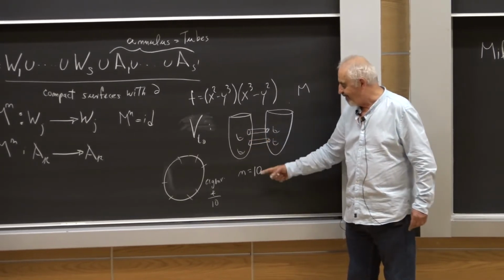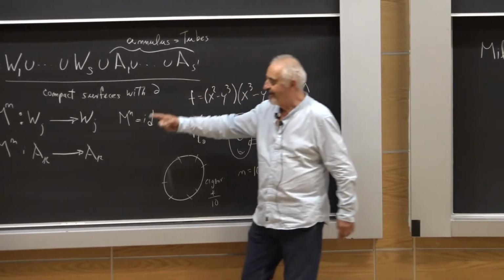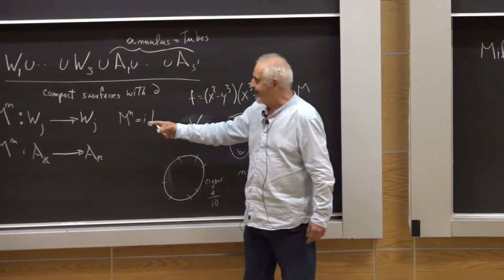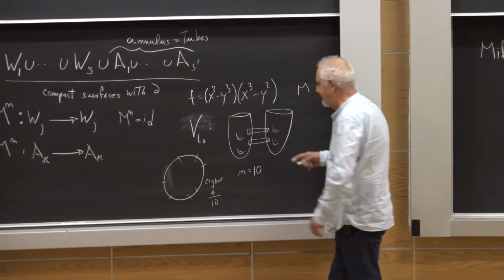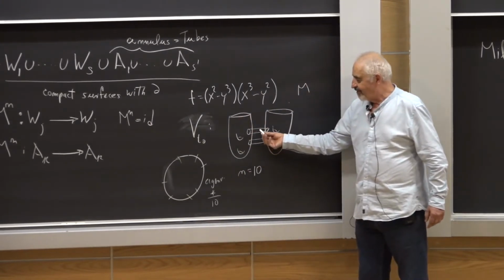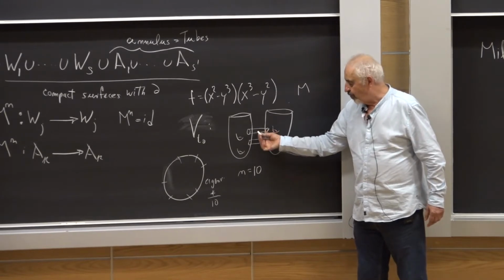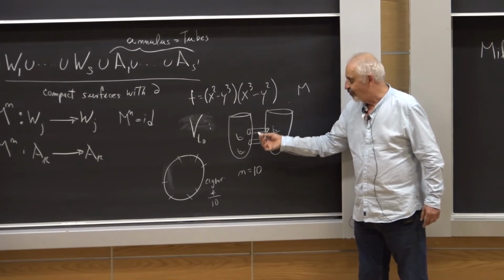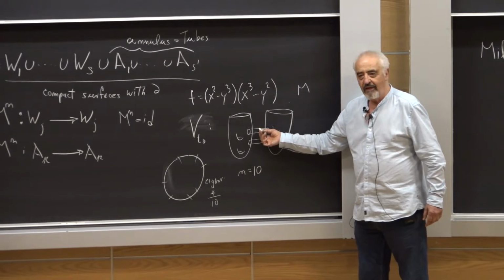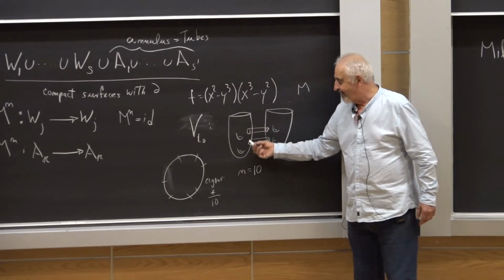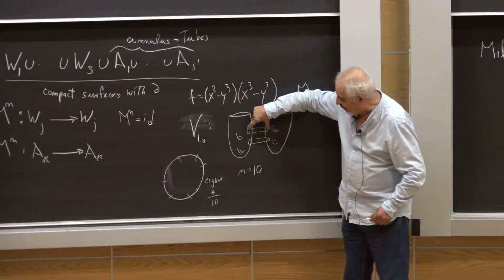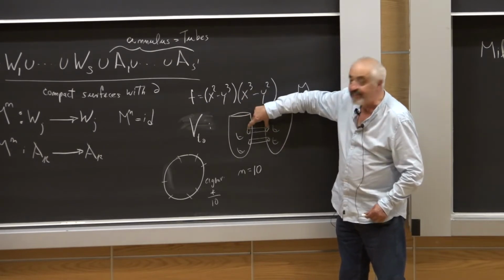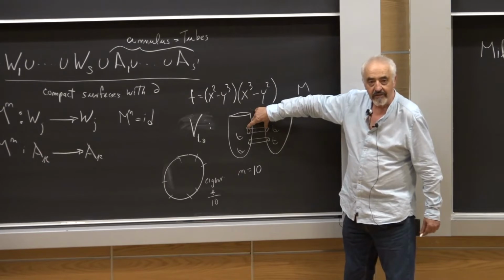That's why if I raise it to the 10th power, then it will be the identity. The M transforms this tube into this tube, and this tube into the other tube. And so if I apply it 10 times, since it's the identity here, I get a map from the tube to the tube, which is the identity on the boundary.